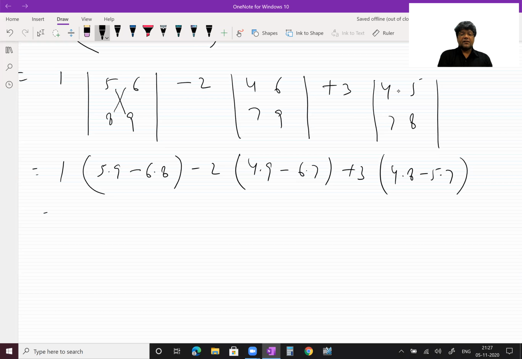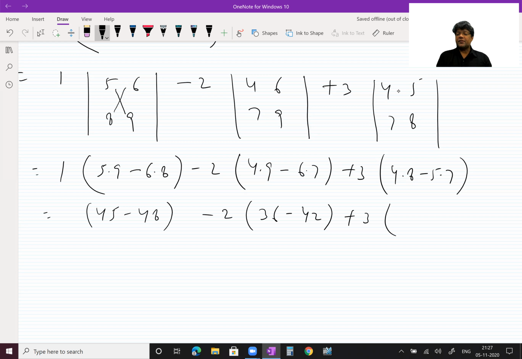So guys, that is equal to 45 minus 48, minus 2 into 36 minus 42, plus 3 into 32 minus 35.